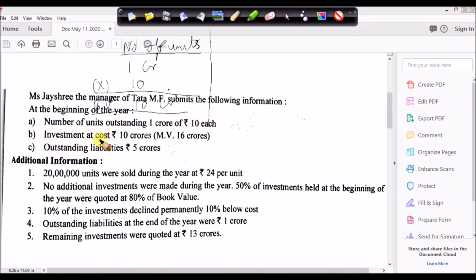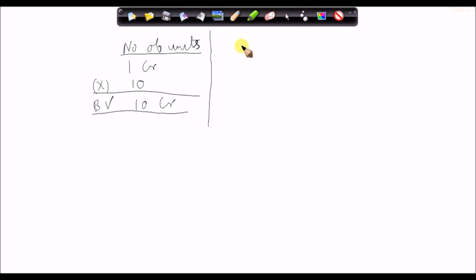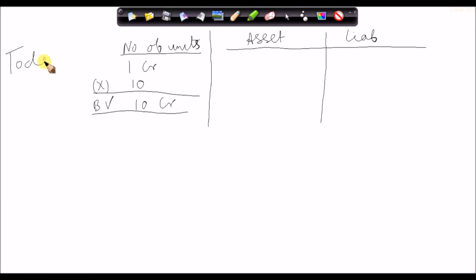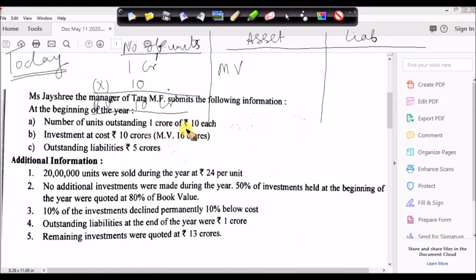So the investment at cost, that is the book value of the investment, is 10 crores. Then we have the market value which is 16 crores. I will be dividing into two parts: one is the assets and the other is the liability, and the position is of today. So we are analyzing today's position. This 10 crore has a market value of 16 crores.